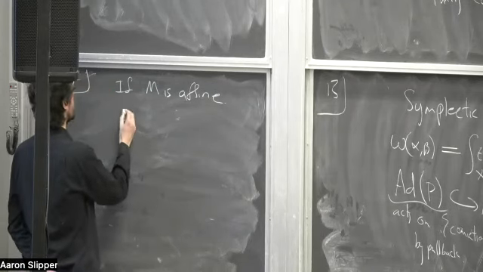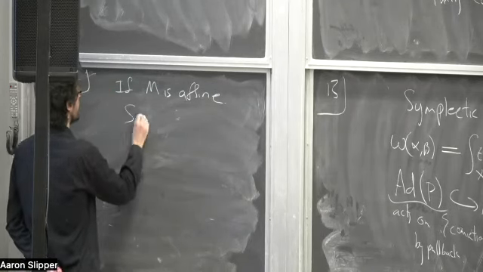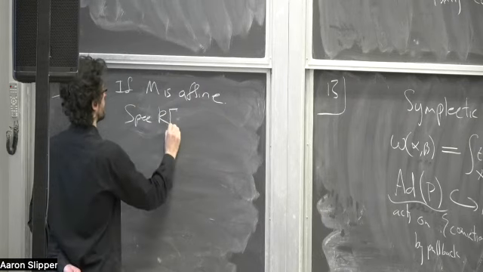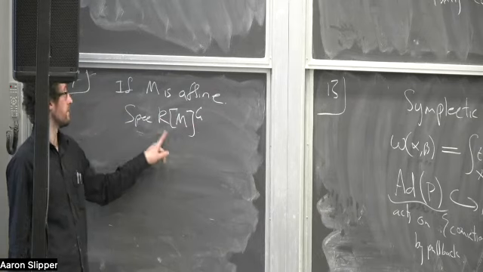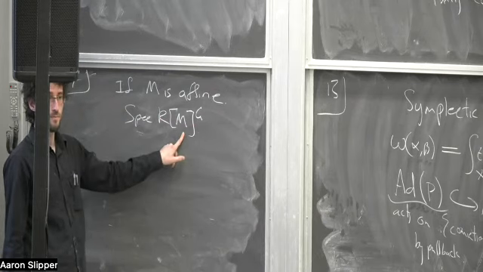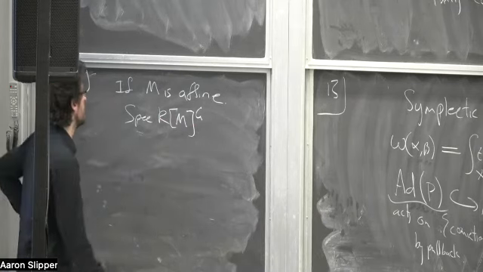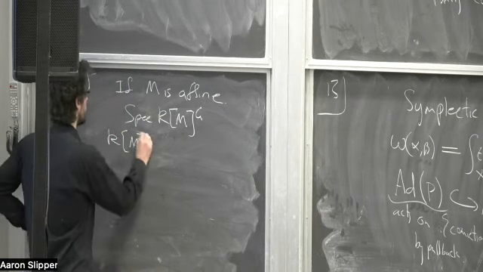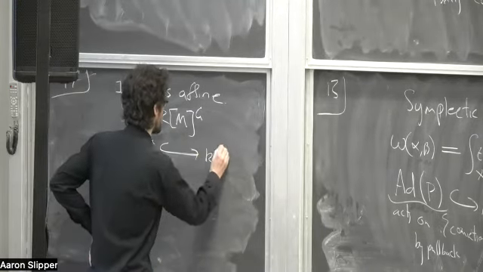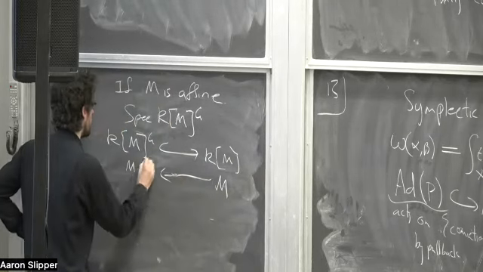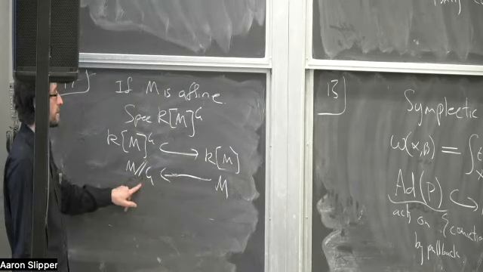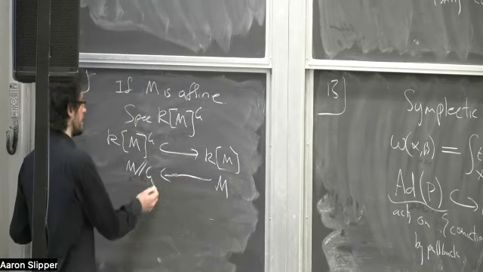Then I could take the spectrum of G-equivariant functions on M. And this will be some space. The inclusion from the invariant functions on M into the functions on M gives me a map from M to this space here, which is called the GIT quotient.